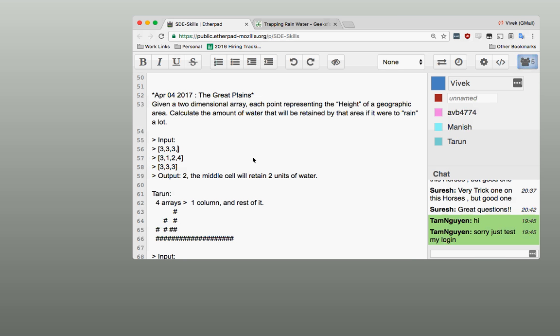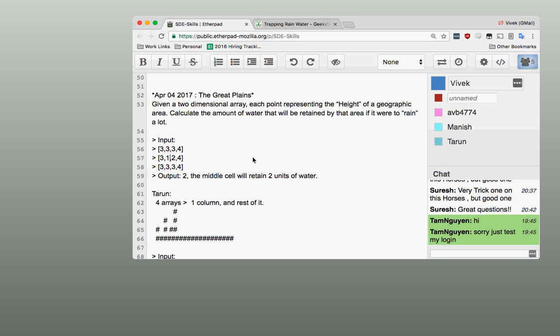If I had 4 and 4 and 4, how much water can I store? It is 2 units here, because the height of the water level is still 3. Where it is 1, I can store 2 additional units, and where it is 2, I can store 1 additional unit.